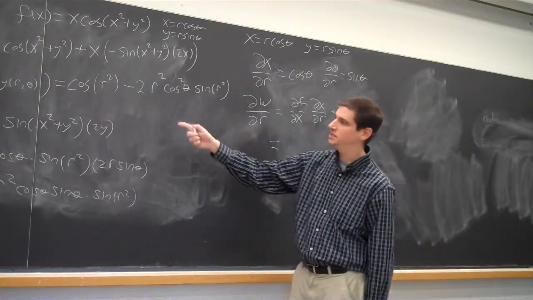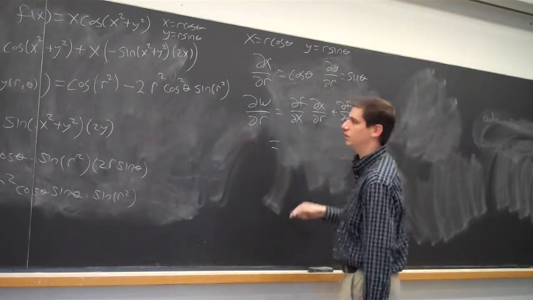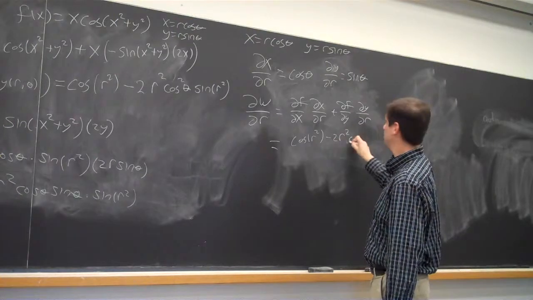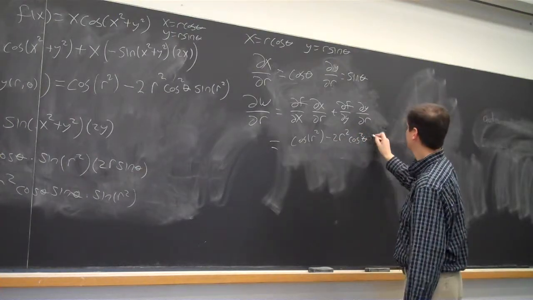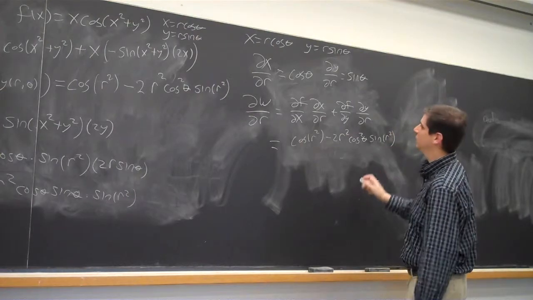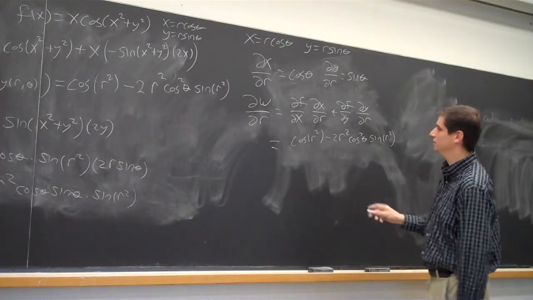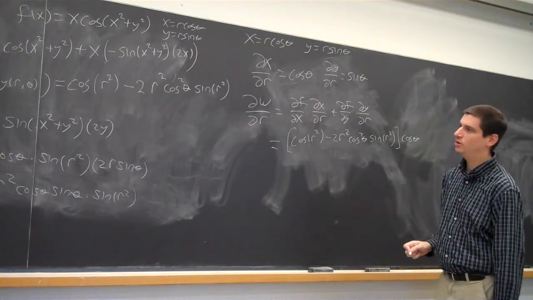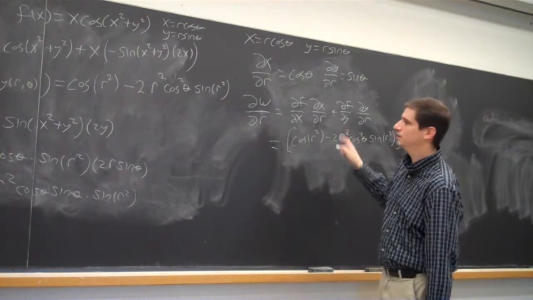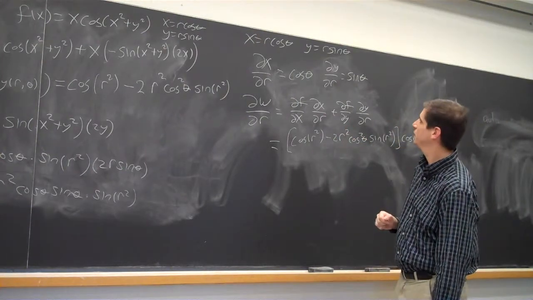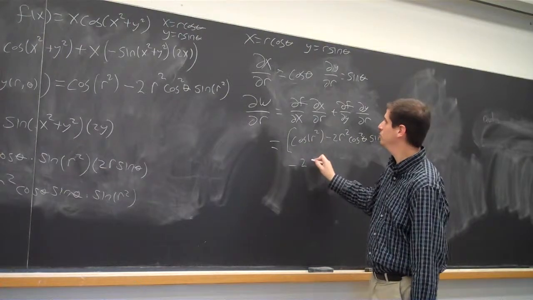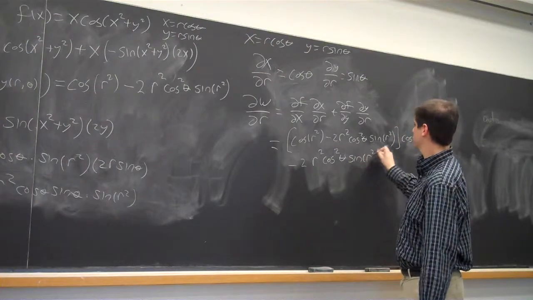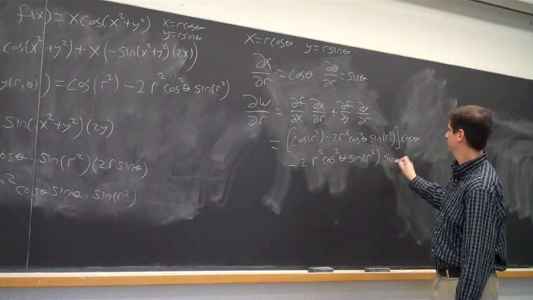So now I look, oh, I've calculated df dx. Df dx is this monstrosity. So I get cosine of r squared minus 2r squared cosine squared theta sine of r squared. And now I multiply both of these by cosine of theta. And now I have df dy, dy d theta. So I've got a minus 2r squared cosine squared theta sine of r squared times sine of theta.